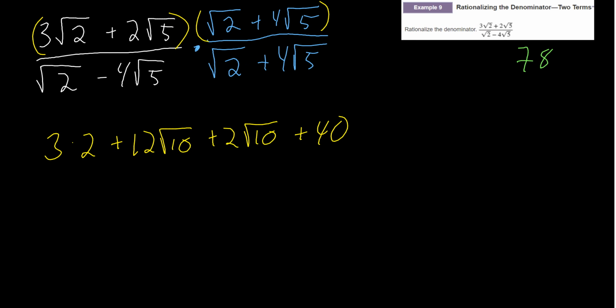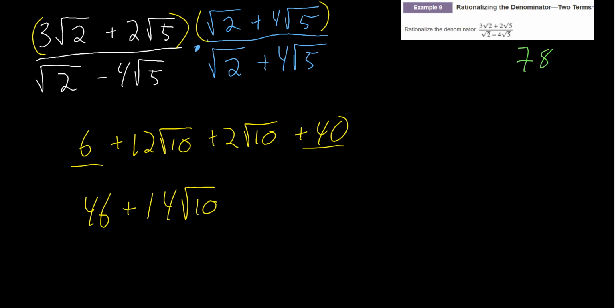Okay, well 3 times 2, let's fix this up right here. 3 times 2 is 6, so we have 6. So let's combine like terms here. We're going to end up with a 6 and a 40, plus the 12 and the 2 on the square root of 10 are like terms, so it's going to end up being 14 on the square root of 10, and all that over 78, which we said over here, so let's go ahead and erase that.